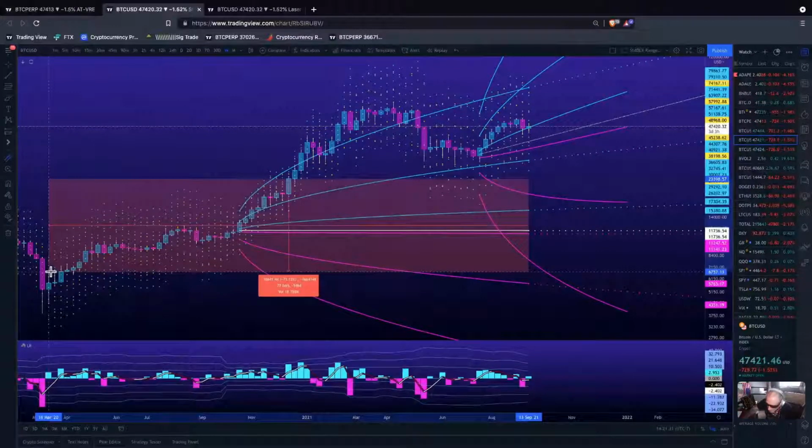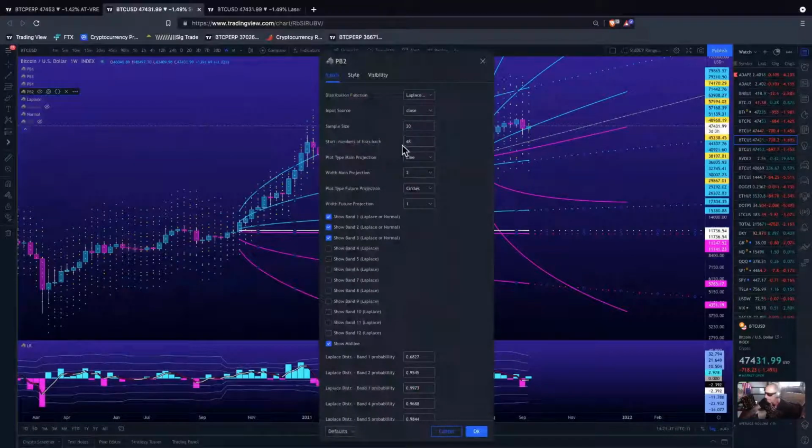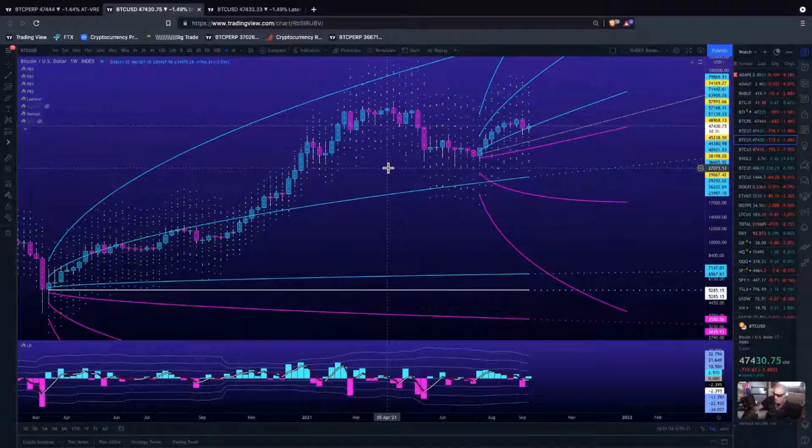Scamdemic. 79 bars. Let's see what this looks like. Tell us something. Not much to tell, is there? We're just hovering in between the 95.4, 99.7.